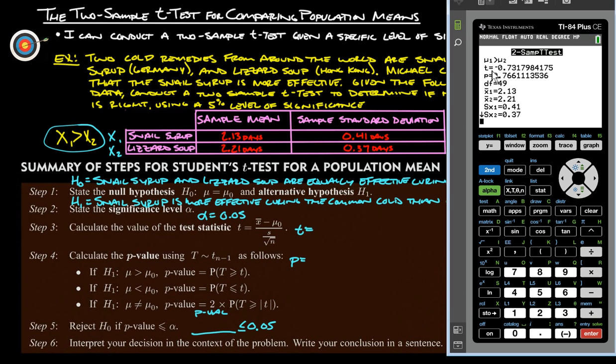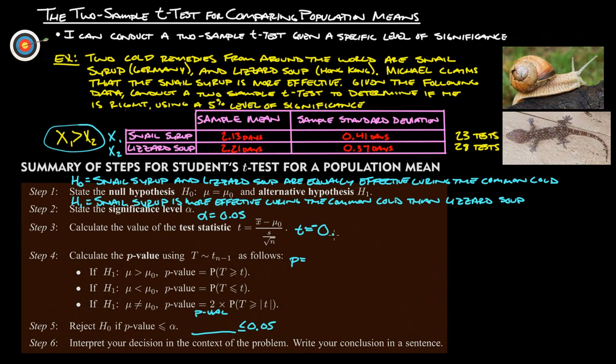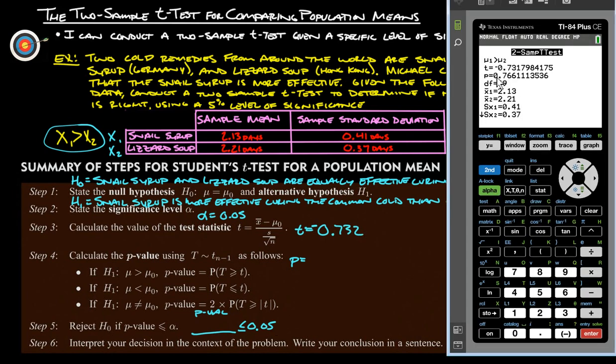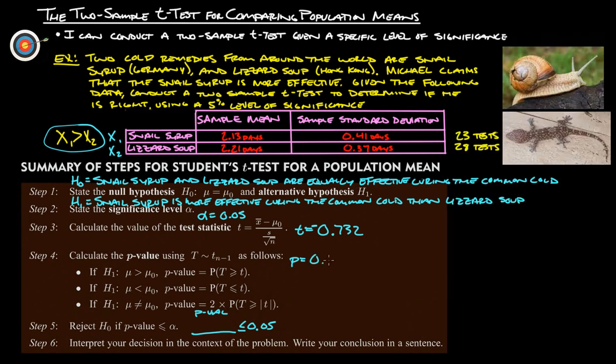Our t value is negative 0.732, and our p-value is 0.766. Then we're going to plug that in and figure out our conclusion.